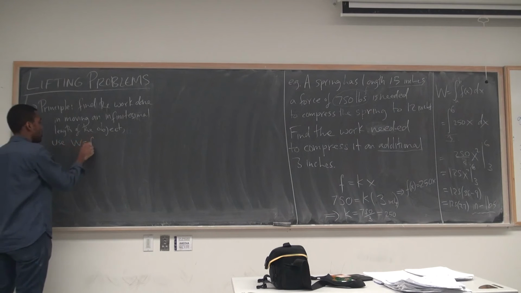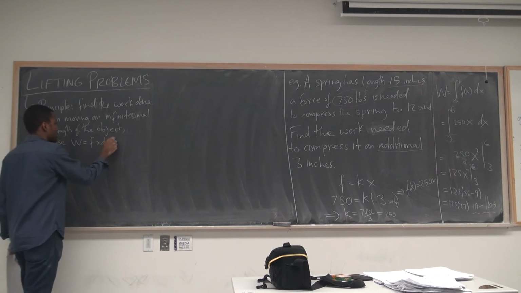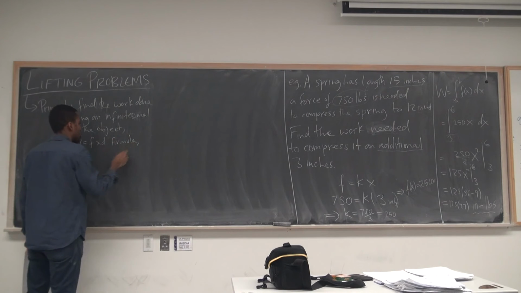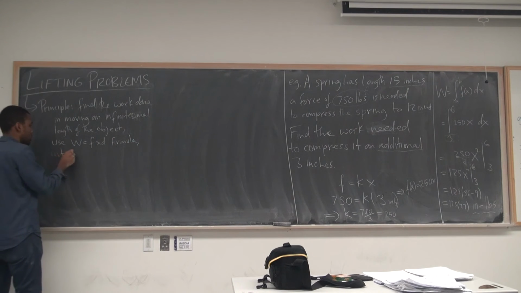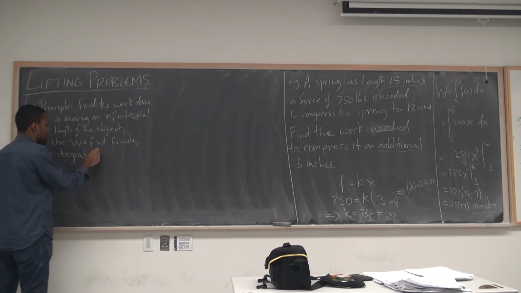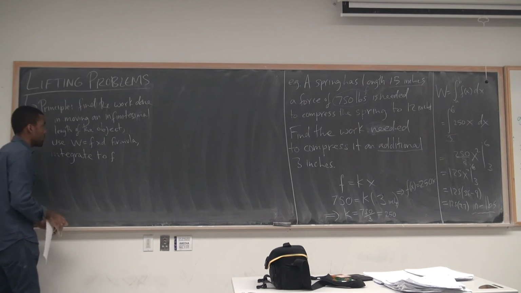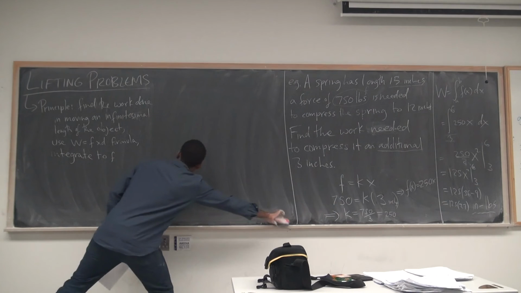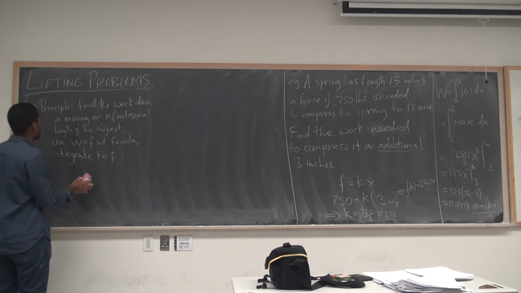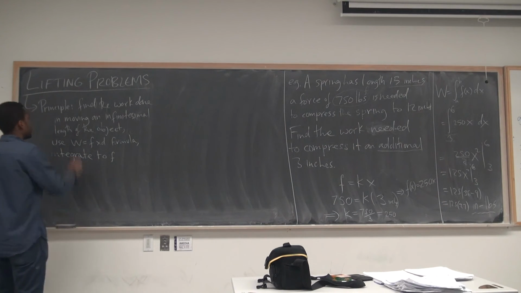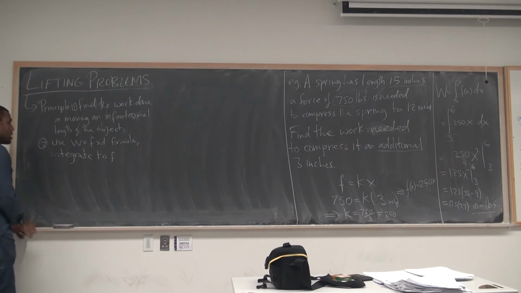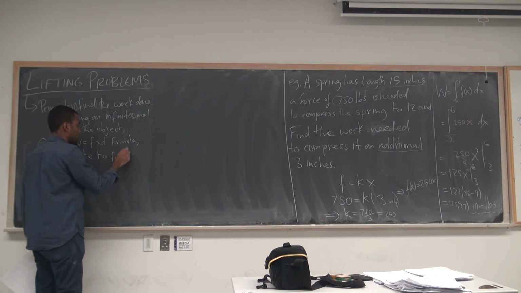Use the work equals force times distance formula. Integrate to find the total. I should write this out like steps, because this is the order you're going to want to attack these problems in. 1, find the work done in moving an infinitesimal length of the object. 2, use that formula. 3, integrate to find the total work.